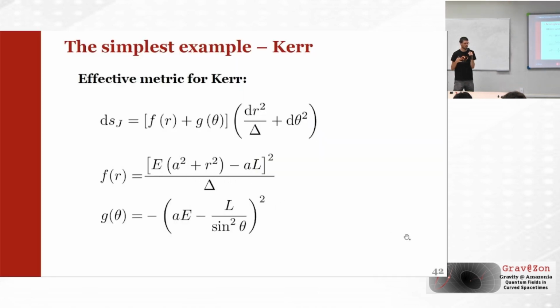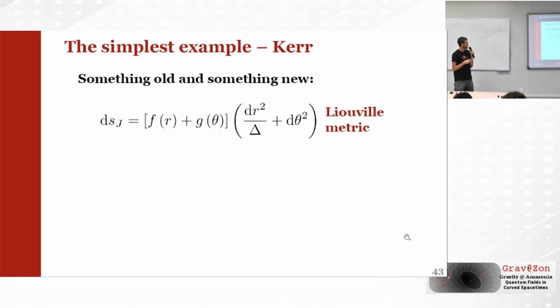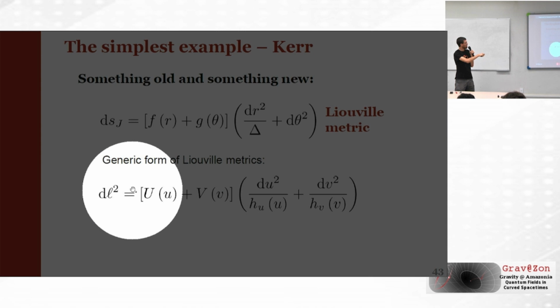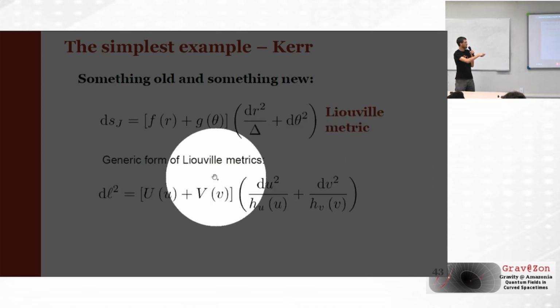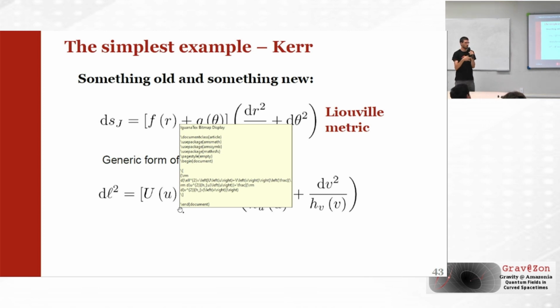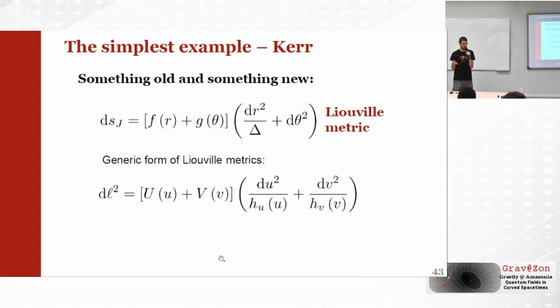What is interesting is that this has precisely a Liouville form. That is, it is a metric on a Liouville surface. And Liouville surfaces have this general form, which consists of a conformal factor times a sum of two functions which each depend on only one of the coordinates.